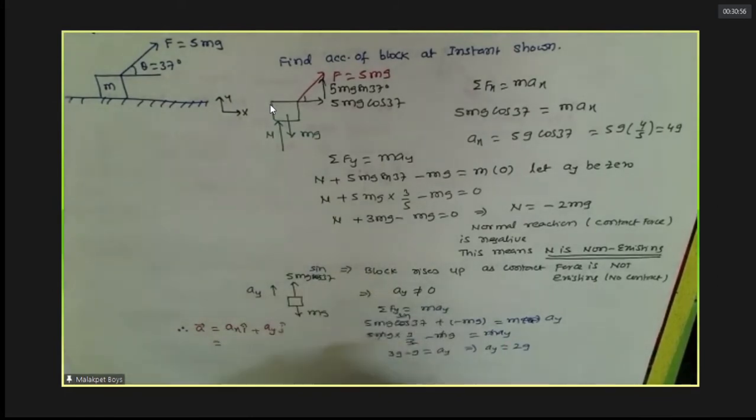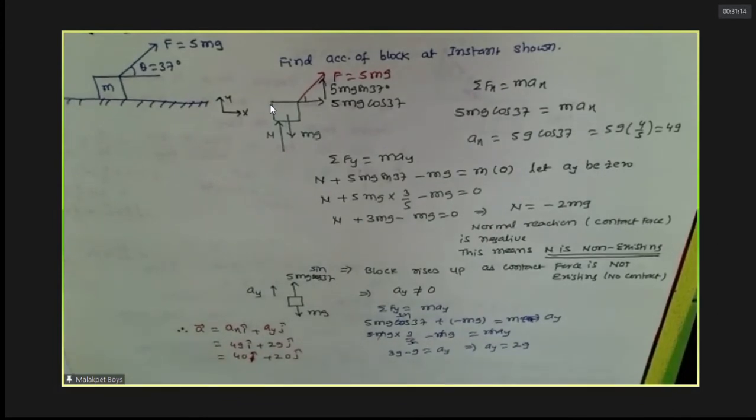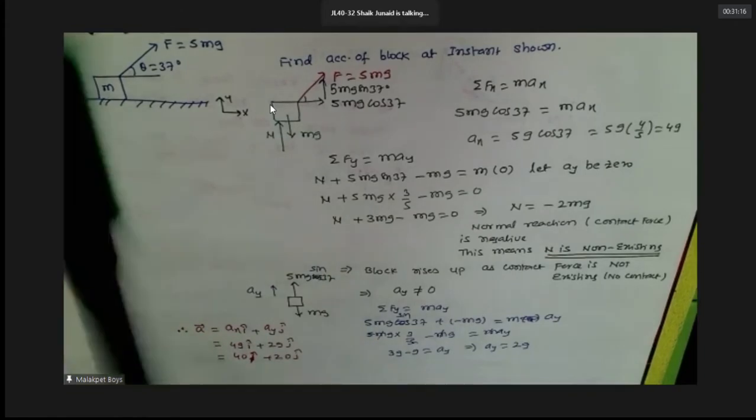Ax is how much you got? 4g. This is 2g. That means taking g as 10, you get this. Understood this? Clear? Yes, sir.